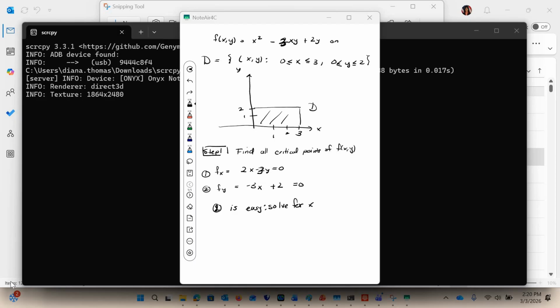So you get x is equal to minus 2 over minus 3, which implies x is 2/3. And then since you solved it, you substitute it back into the first equation. Sub into 1, and that gives me 2 instead of x, I'm going to take 4/3.